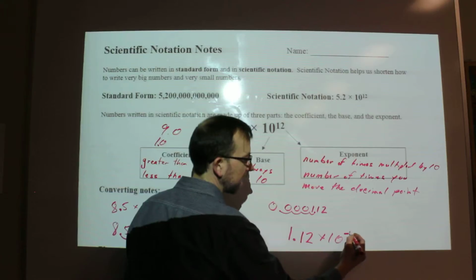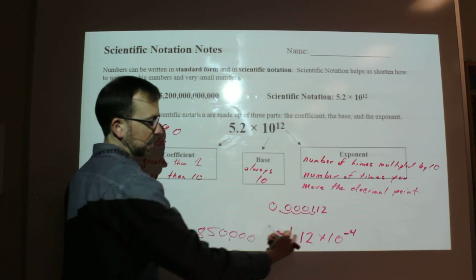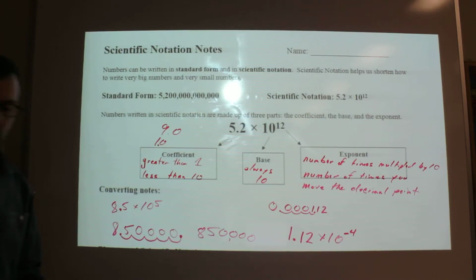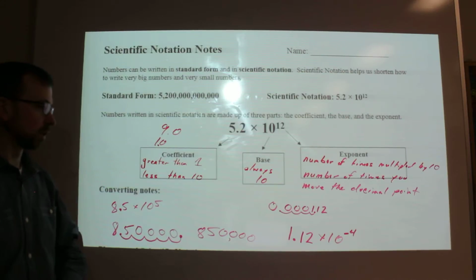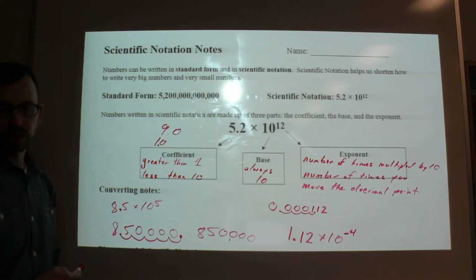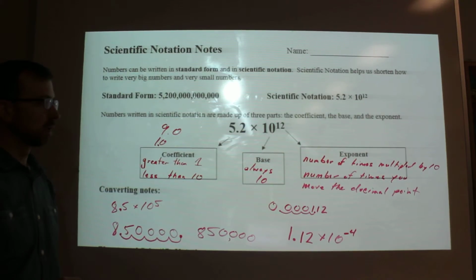So this is going to be -4, because it's a very, very small number, so it has a negative exponent. That's pretty much it for how to do scientific notation. You're either moving the decimal to the right or to the left, counting the number that is in the exponent.